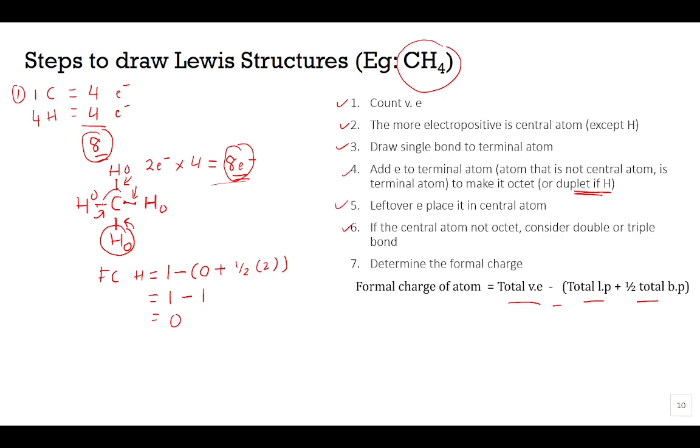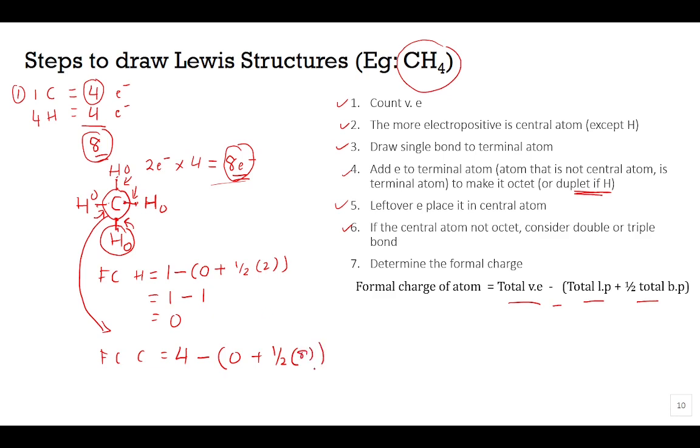What about the carbon? If we want to calculate the formal charge for carbon, it is the same thing. Valence electron is 4, minus lone pair electrons 0, plus half of bonding pair electrons, which are 1, 2, 3, 4, 5, 6, 7, 8.